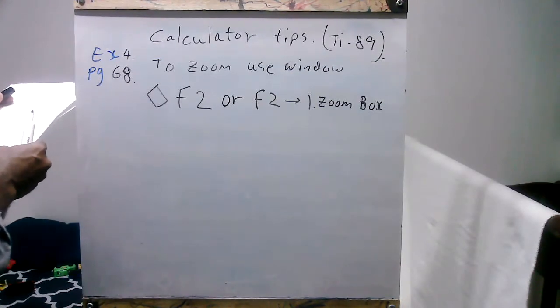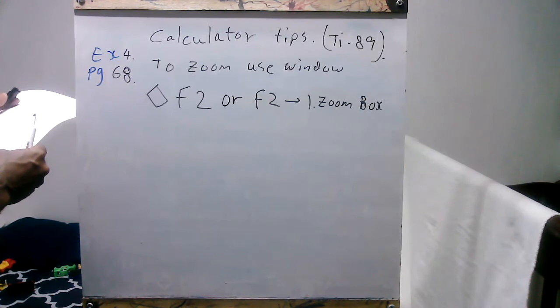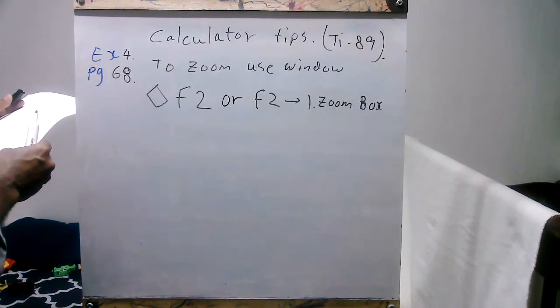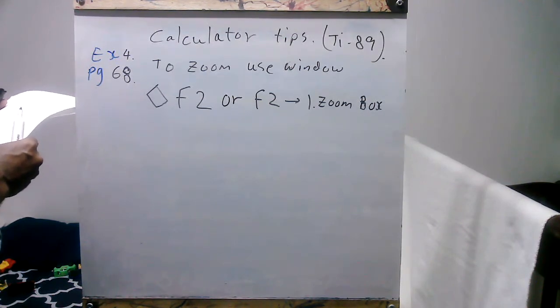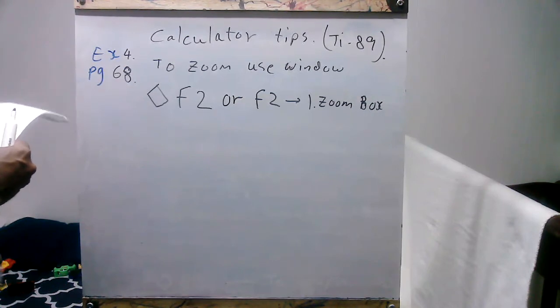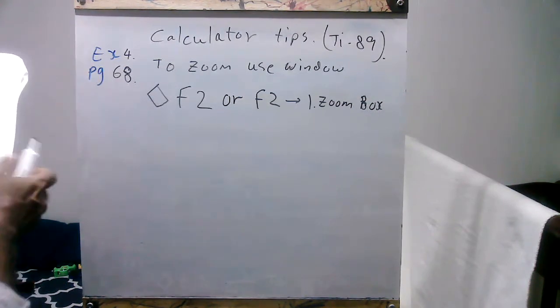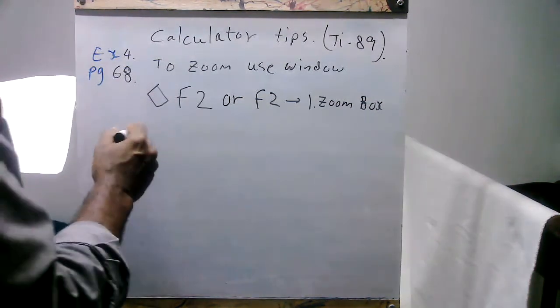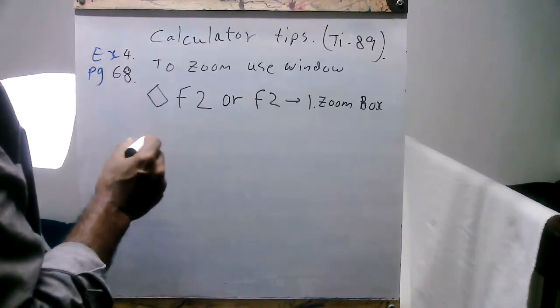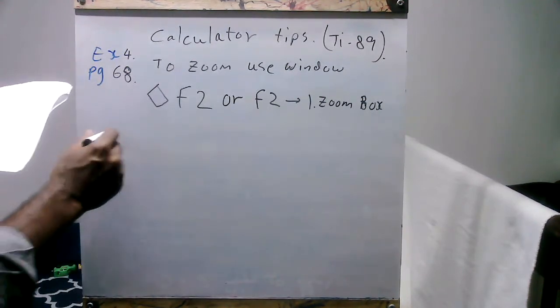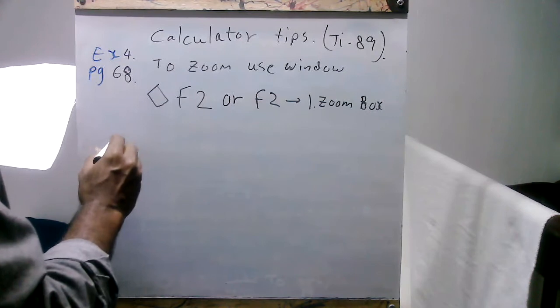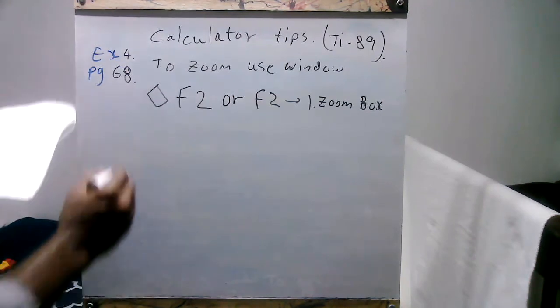You had 7,000, 28,400, or 143,500. So to get these values, you have to adjust the window.